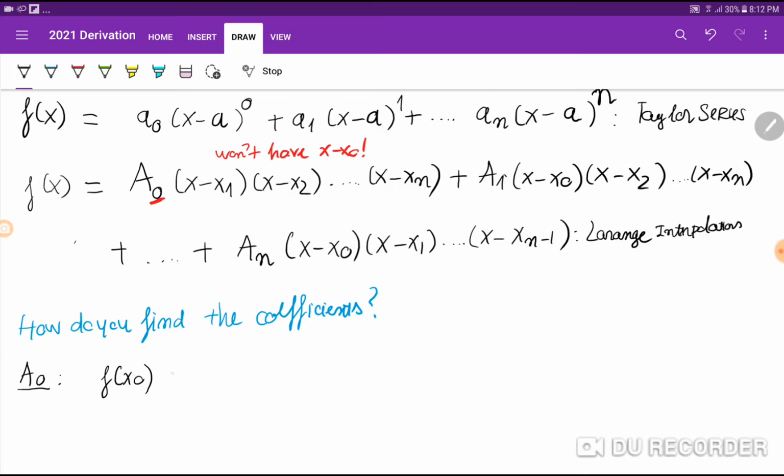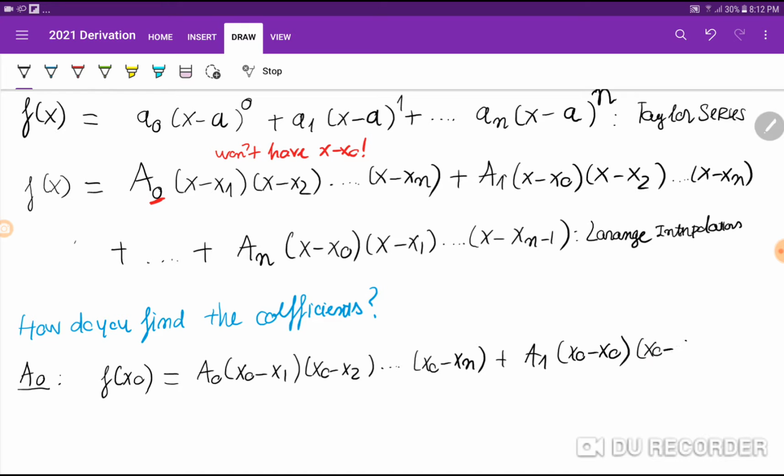What would it be? It would be A0 times (x0 minus x1)(x0 minus x2) all the way to (x0 minus xn), plus A1 times (x0 minus x0)(x0 minus x2) all the way to (x0 minus xn).